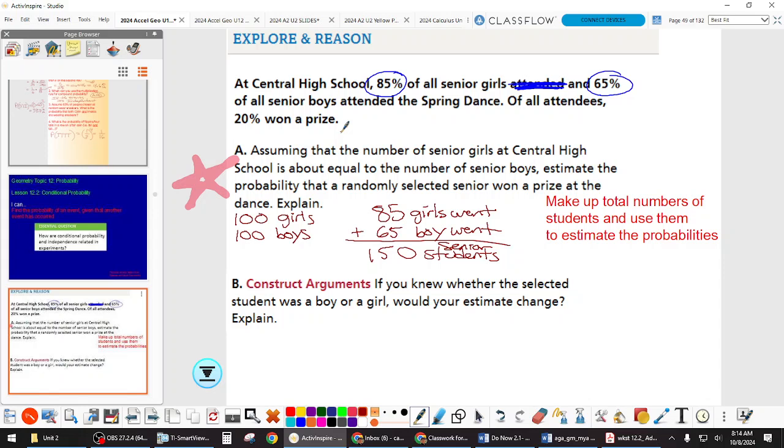Well, what's 20% of 150? Can you do that in your head? It's really this: 15, if you want to think of it in an easy way. 15 times 2, and then move some decimals around. Alright?